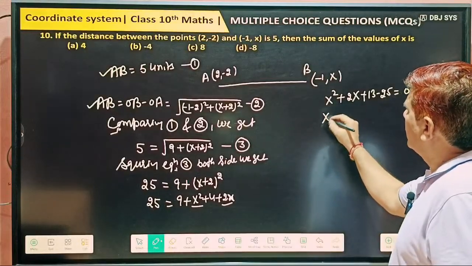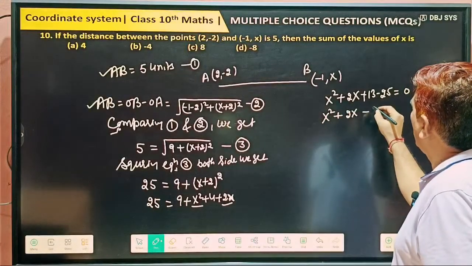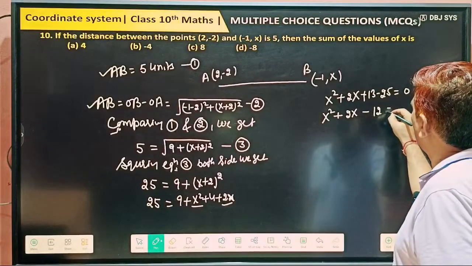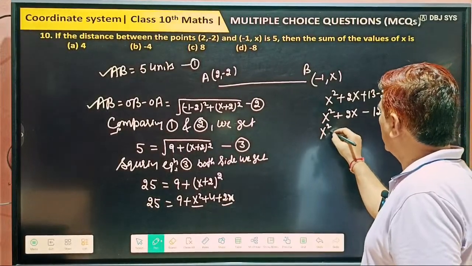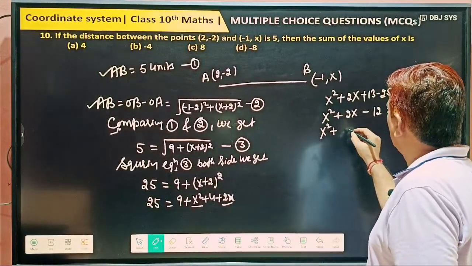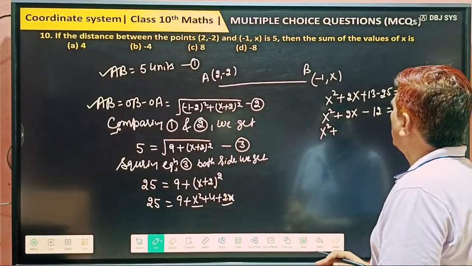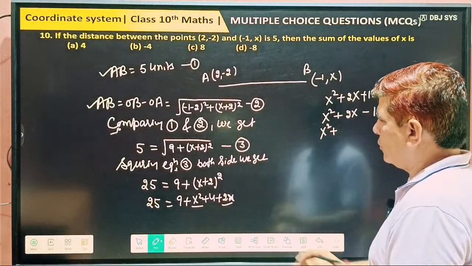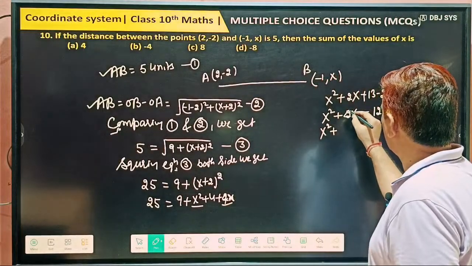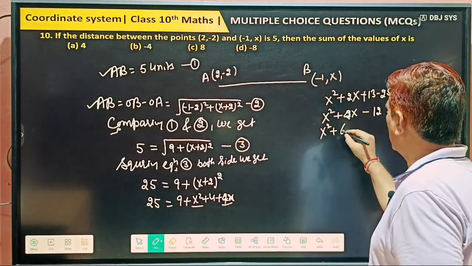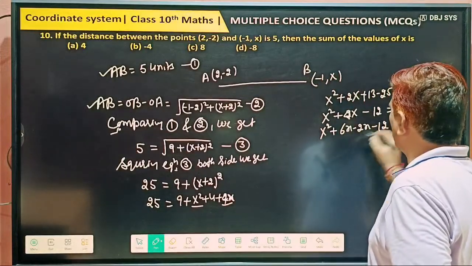So x square plus 4x minus 12 equal to 0. Find out the value of x. x square plus 4x minus 12, so what can you write? Splitting the middle term, 4x becomes 6x minus 2x, so x square plus 6x minus 2x minus 12 equal to 0.